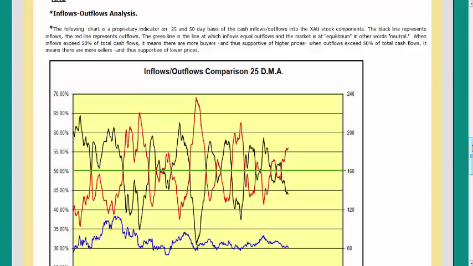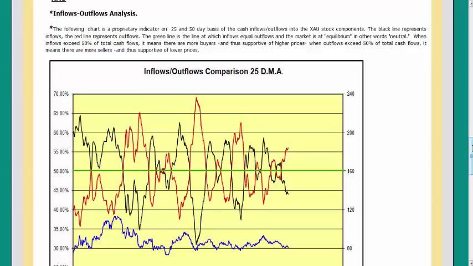If you look at the inflows and outflows on a 25-day basis, the outflows are exceeding inflows. That tells me that gold stocks have not turned the corner yet. But on the other hand, they don't have that much to go on the downside either.